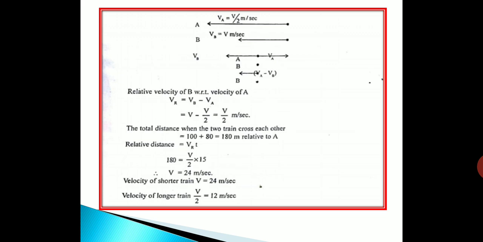Then we went to the concept of what is resultant velocity and what is relative velocity. Then we made an attempt to apply those concepts in simple problems.